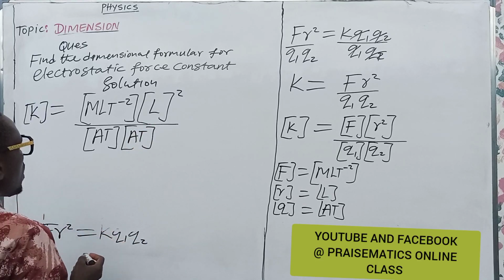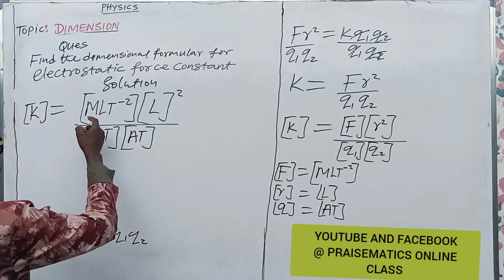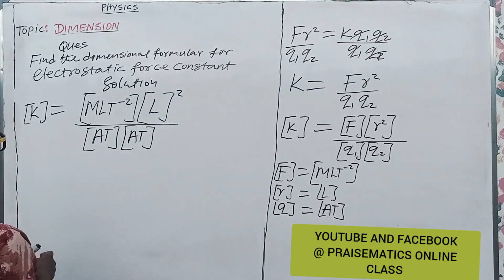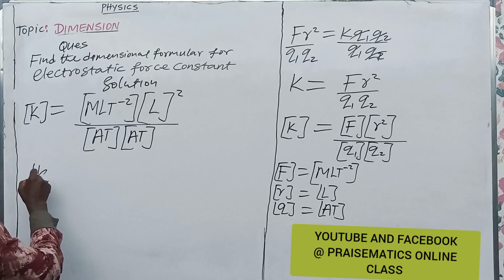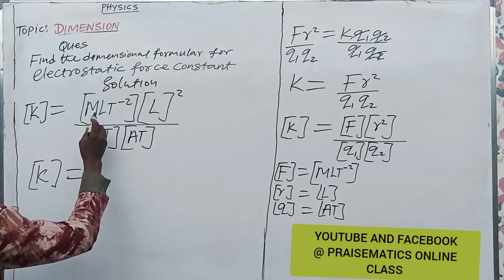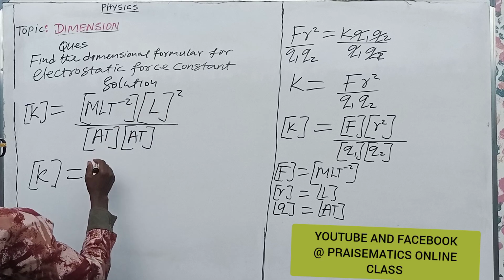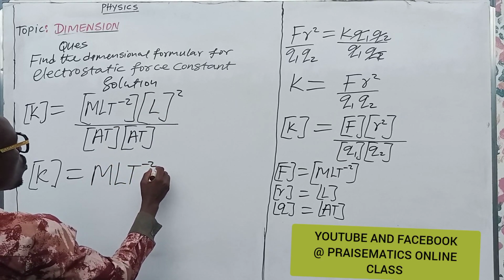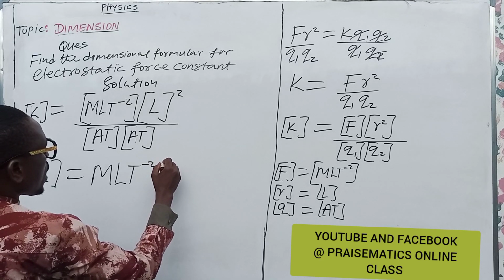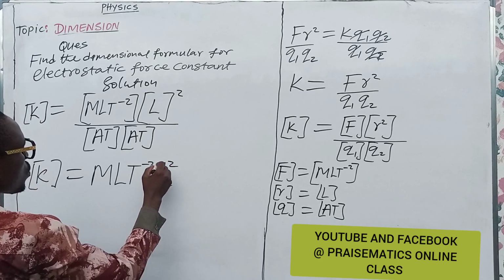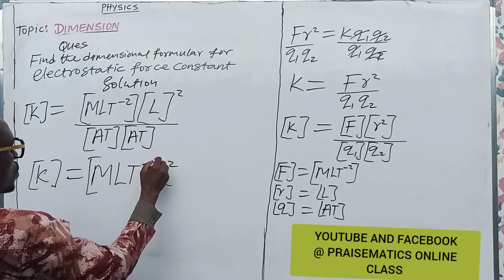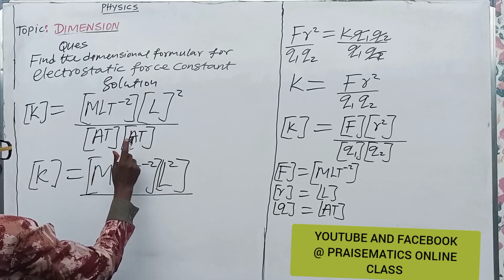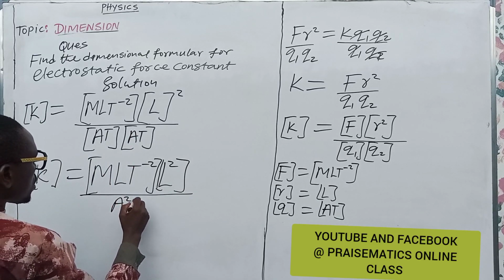Now what do we have here? We need to multiply out and get our result. We have the dimension of the force constant equal to M L T to the power minus 2 into L squared, all over A times A, which gives A square T square.